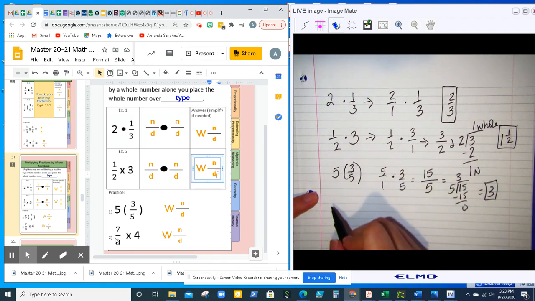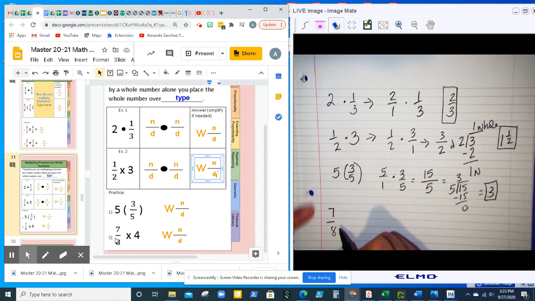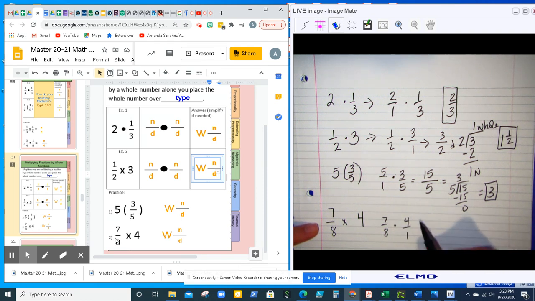And then the last one is 7 over 8 times 4. This becomes 7 over 8 times 4 over 1. And you multiply across.